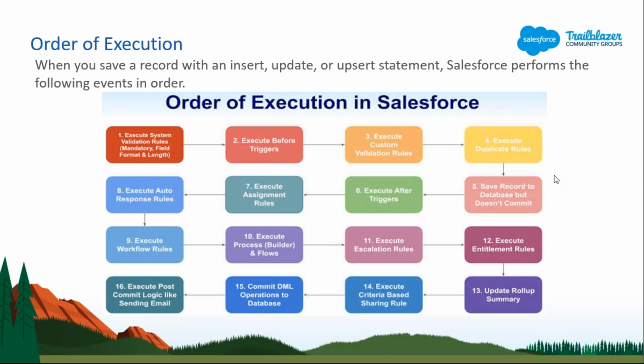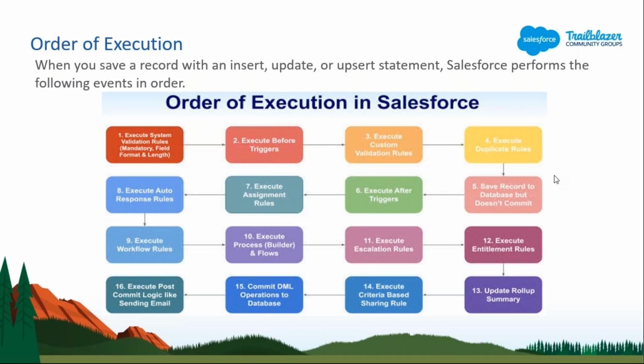Every time we are creating a data model for any requirement, or writing any trigger, or taking any action on our requirement, we should keep in mind which task will be fired first and which will be fired after that. So this is the order of execution.